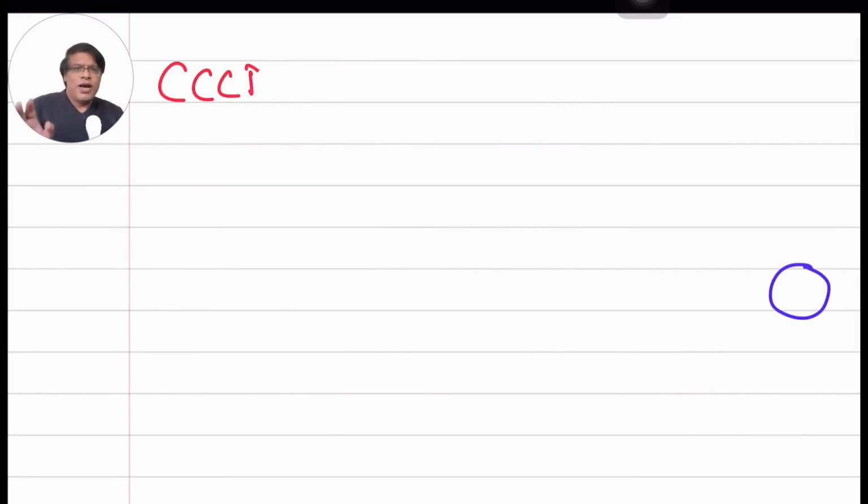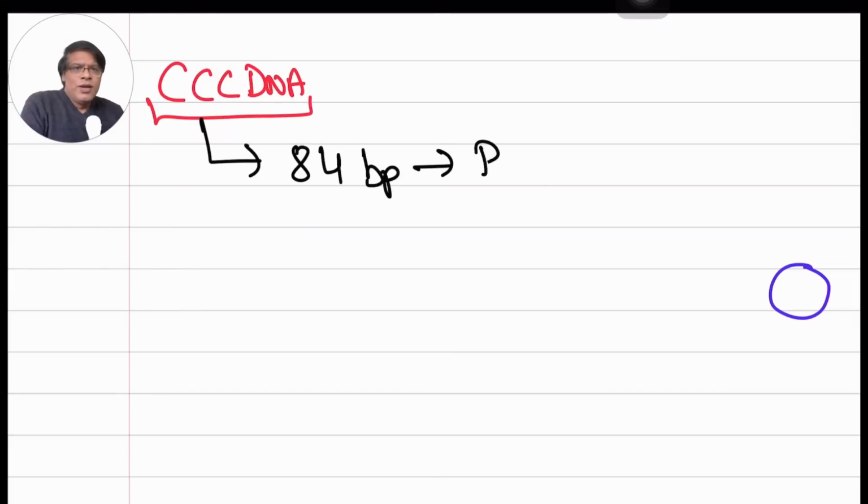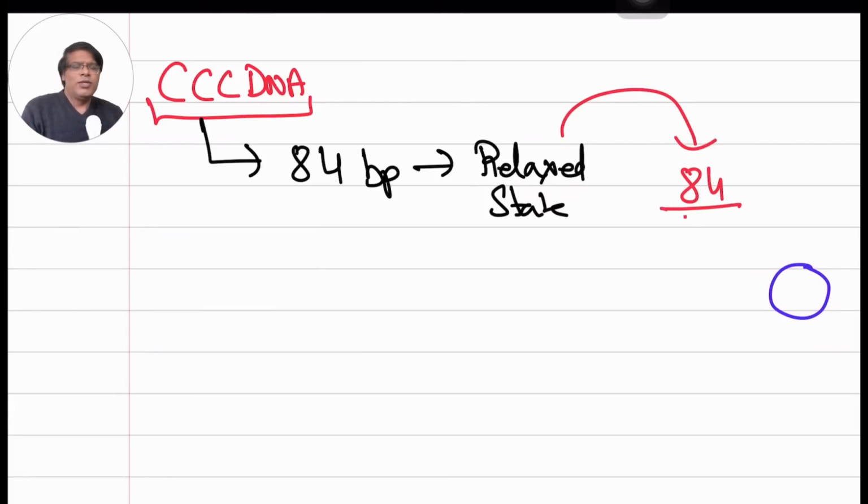Now here, I just want to give you an example. Let us suppose you have a covalently closed circular DNA of, let's suppose, 84 base pairs in the relaxed state. Now you must be knowing, in the relaxed state, one turn of DNA has 10.5 base pairs.